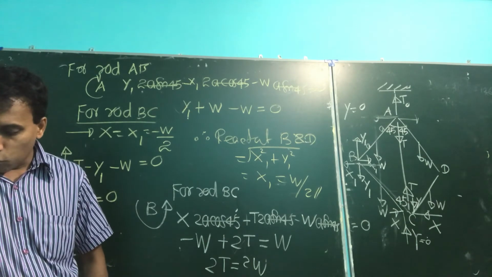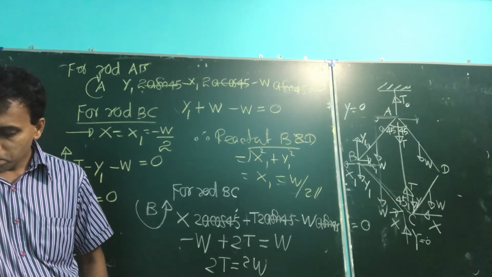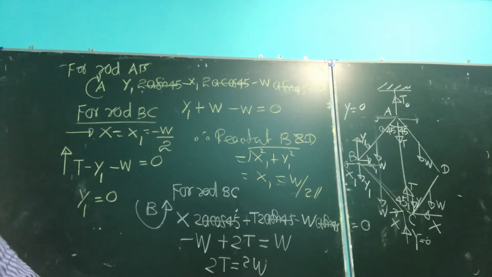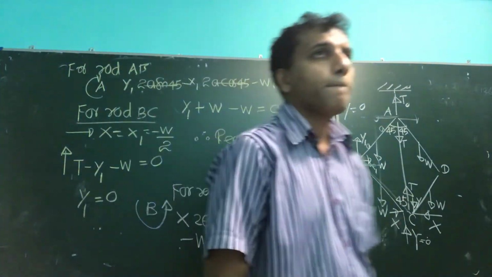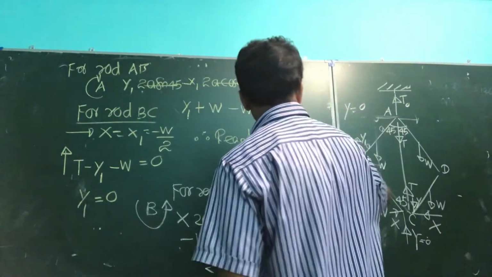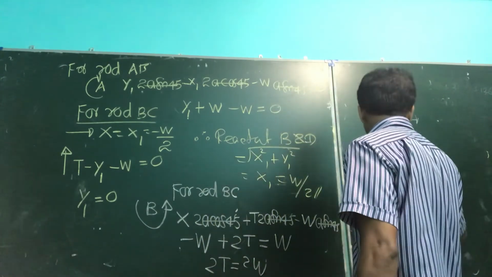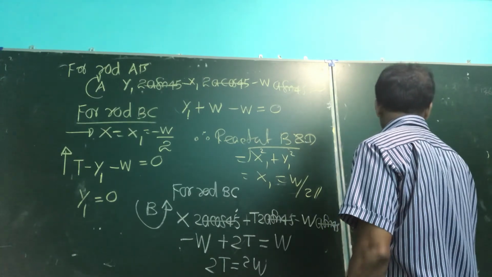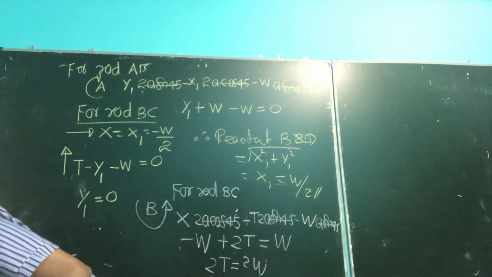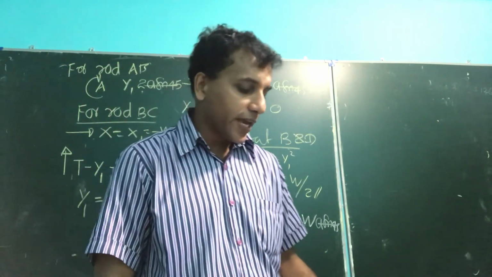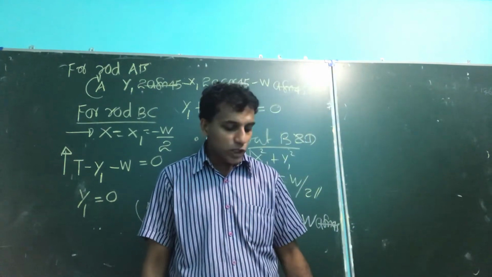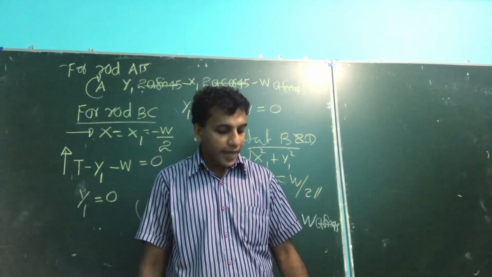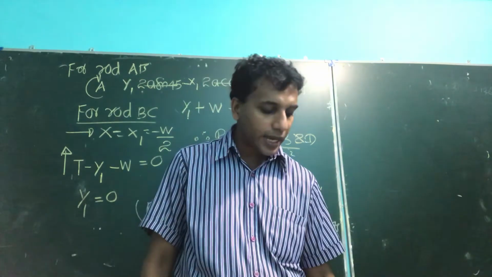Next problem 4. Two uniform rods AC and CB, each of weight W, are smoothly jointed at C, and the ends A and B are connected to points at the same level.